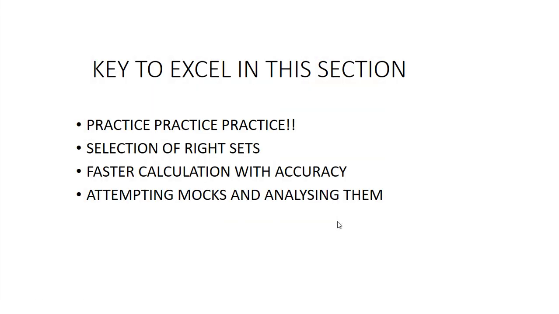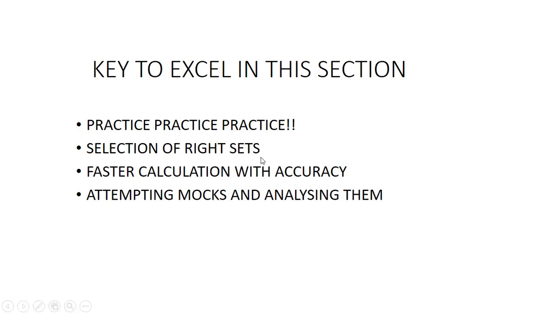Now we will see how to excel in this section. The first point is practice, practice and practice, because no one can predict what type of questions will come in the actual examination. There are various types of questions, and to be able to solve them, you need to practice all the time. You need to practice to see what your strengths and weaknesses are, so that you can work on both and select the right sets to gain the maximum marks.